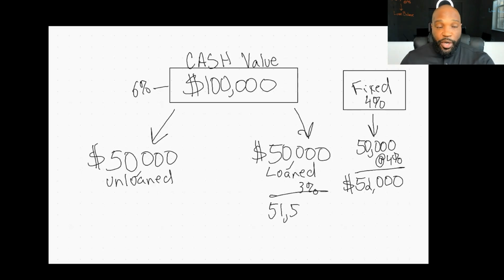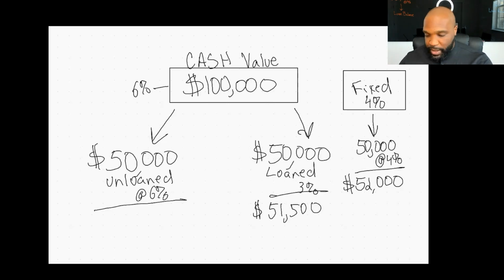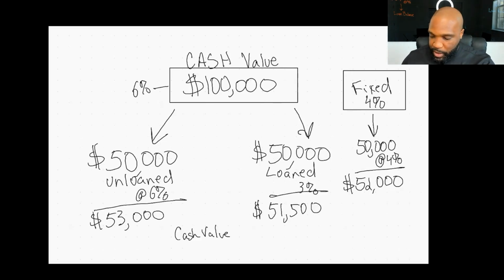And then we'll continue to earn our average of 6% on the unloaned money, bringing the balance to $53,000. So if we're looking at the total, 53,000 plus 51,500, that brings the cash value to $104,500. All right. So not bad.